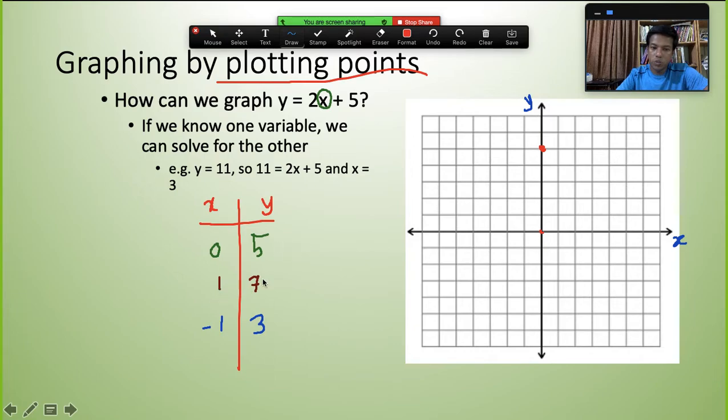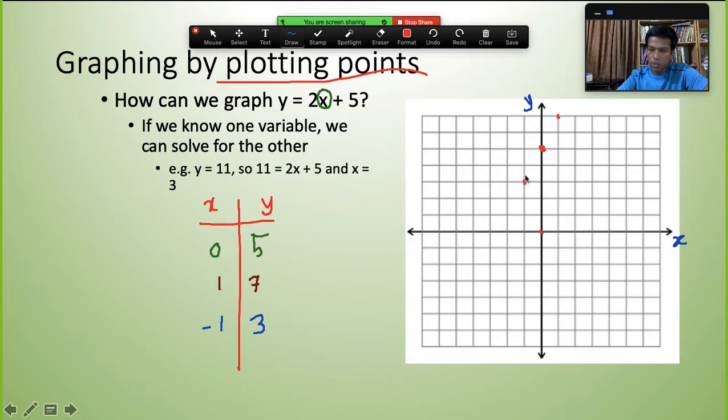Then when x equals 1, y equals 7. x equals 1 is here. y equals 7 is 1, 2, 7. 7 is here, because it is 5, then 6, then 7. Then when x equals minus 1, y equals 3. At minus 1, it is 1, 2, 3. It is 3.